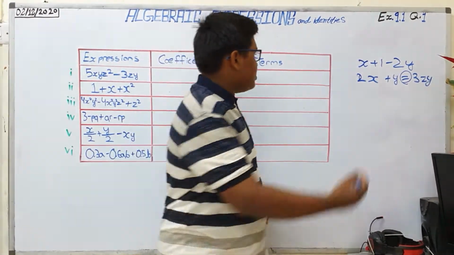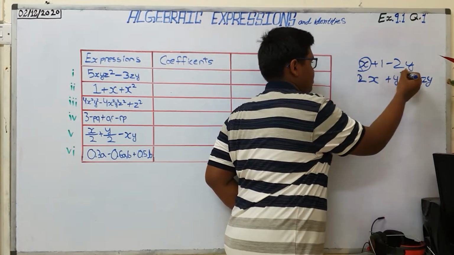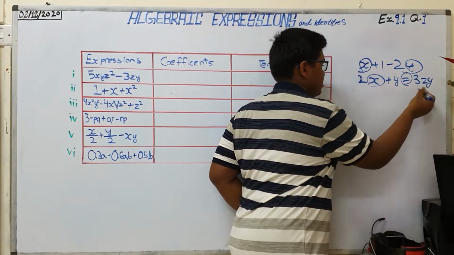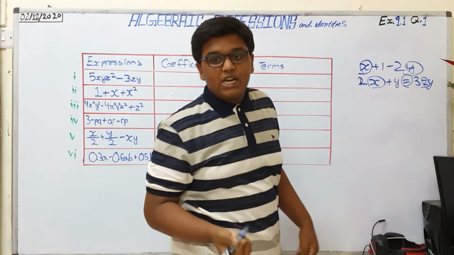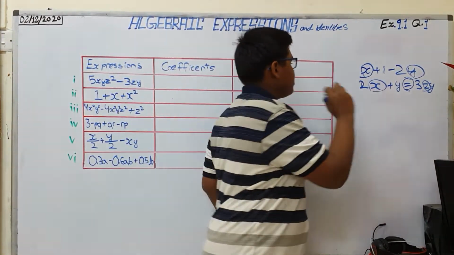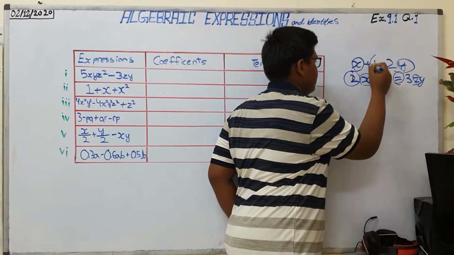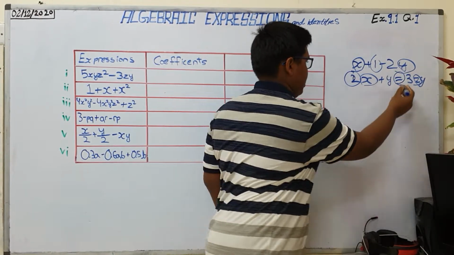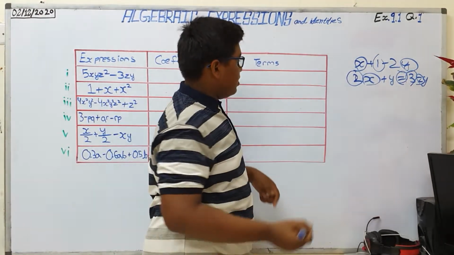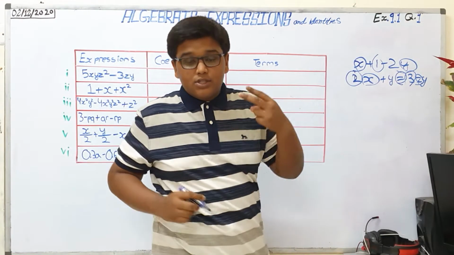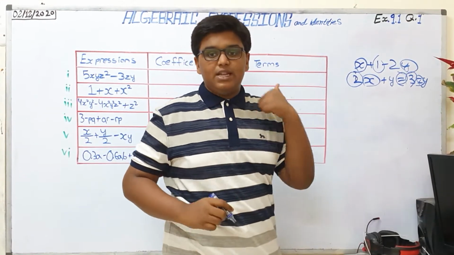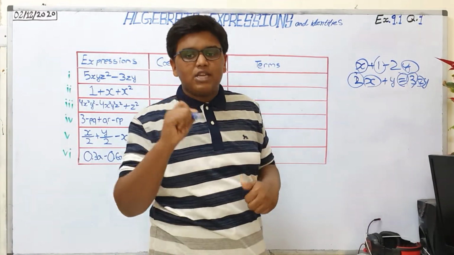Now what are these letters I'm putting here, this x, this y, this z? They are called the variables. And what are these numbers, 1, 2 and 3? There are two things in equations and expressions, which are variables and constants.